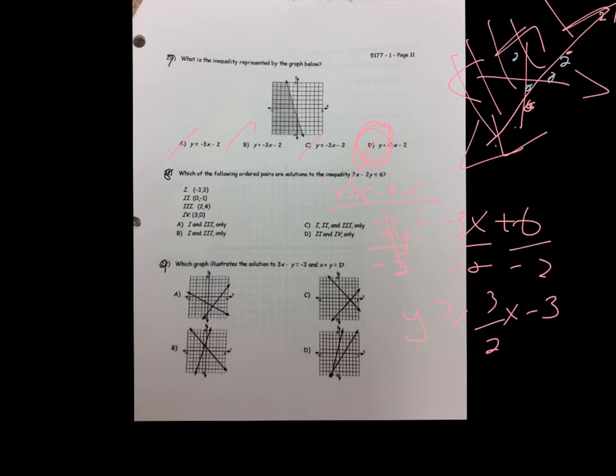And 3, 0, I'll double check. So we know that negative 3, 3 is in there. We know that 0, negative 1 is in there. So it's answer choices 1 and 2. If you look at your answer choices, only choice C includes both 1 and 2, which means 3 would also work. All right, let's look at the next one on this page.